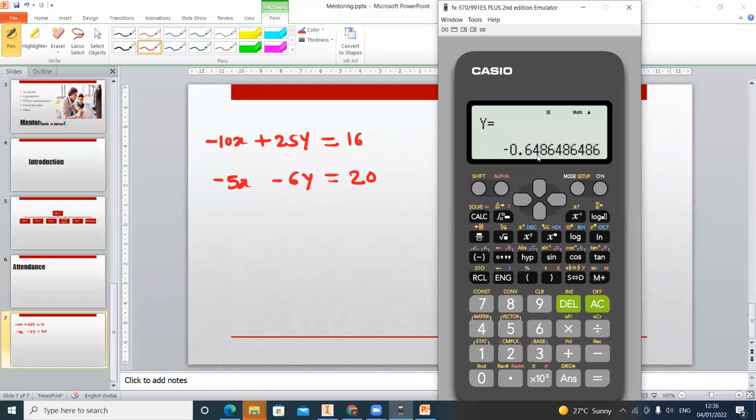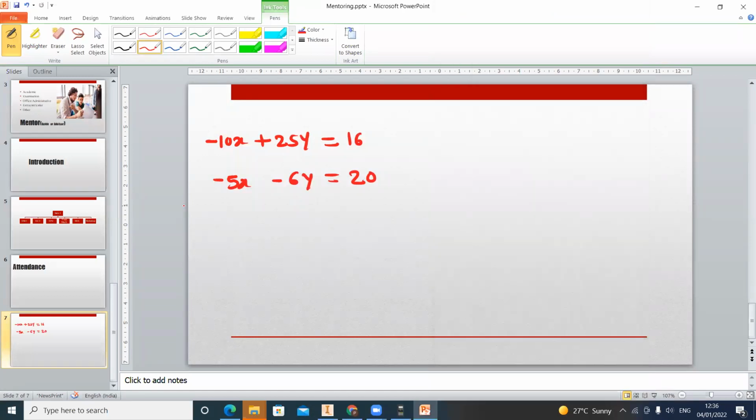There is one option which is for three variables. For three variables, the standard format in your equation mode is ax plus by plus cz equal to d. The equation will be, let us take a is 2, b 3, plus 4z equal to minus 10.